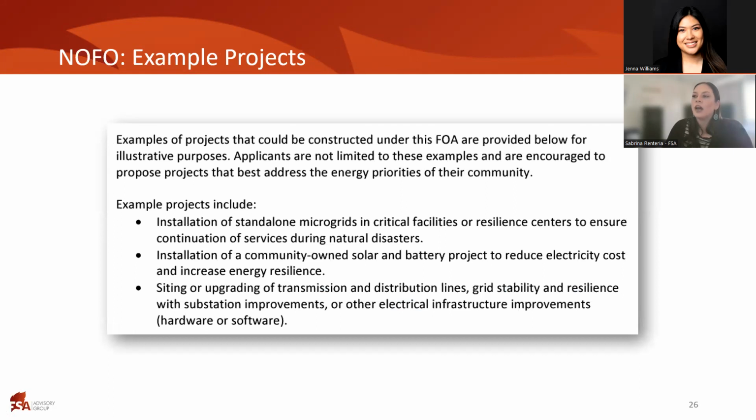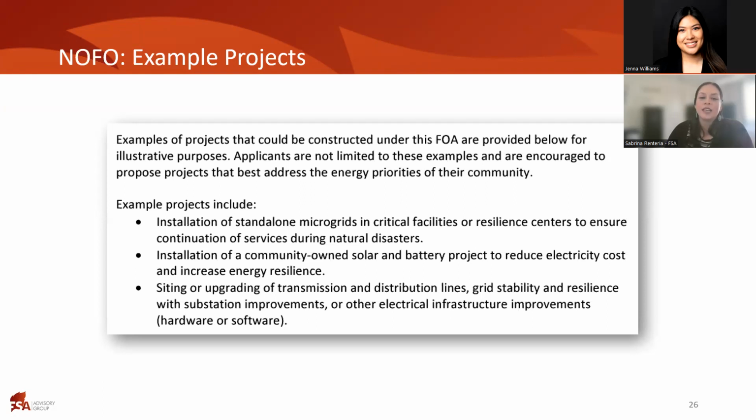Again, usually the notice of funding opportunity provides you with example projects. So for this example of the energy grant, we can install standalone microgrids. We can install community-owned solar projects. We can do siting or upgrade transmission and distribution lines.